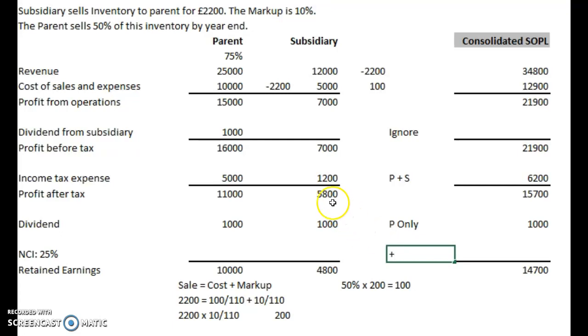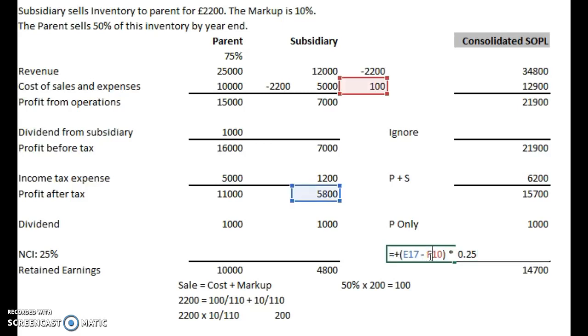So we take this amount, reduce the profit by the unrealized profit, and then multiply it by the NCI percent, which is 0.25. Takes us to 1,425 due to the NCI.